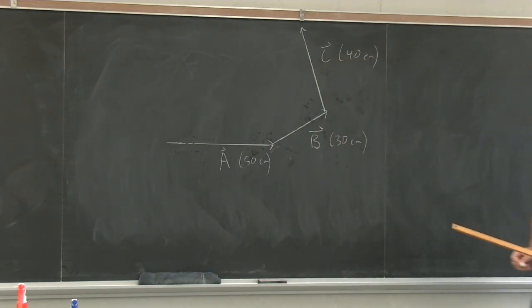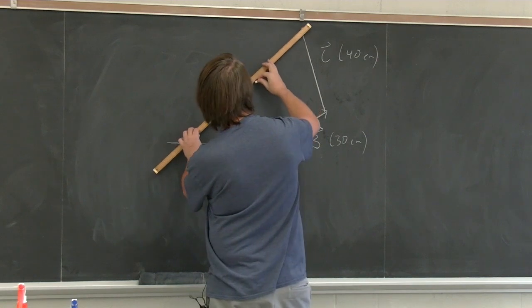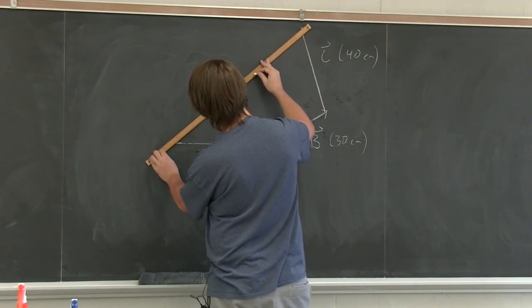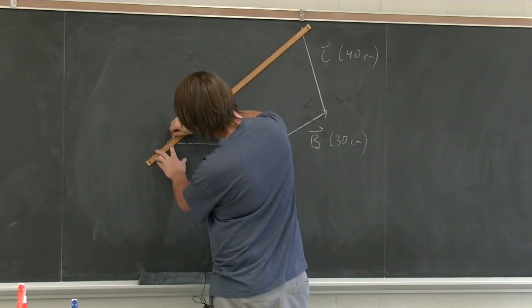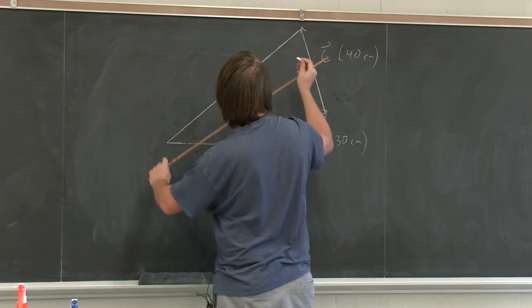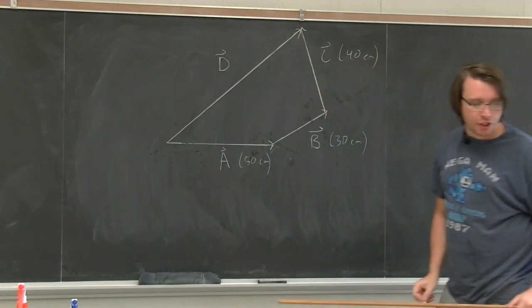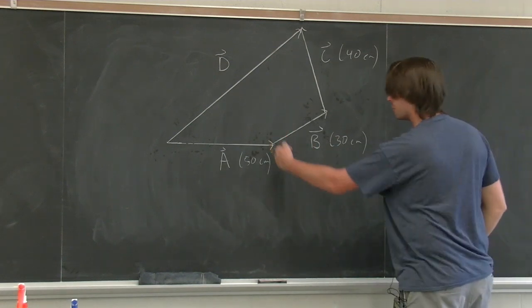Okay, so now I've drawn all of my vectors, and I'm going to do the resultant, which we'll call D. And we want to see how long D is and which direction it's pointing in relation to A being at 0 degrees.